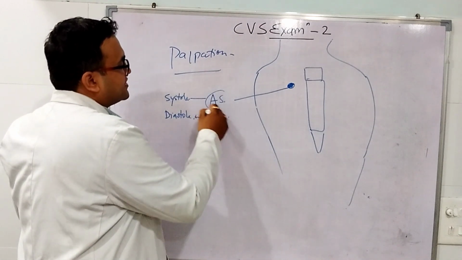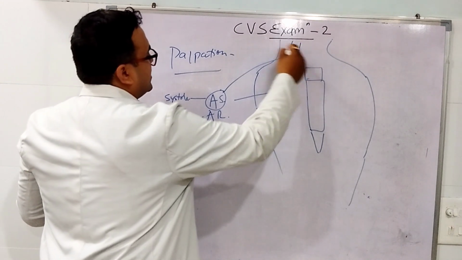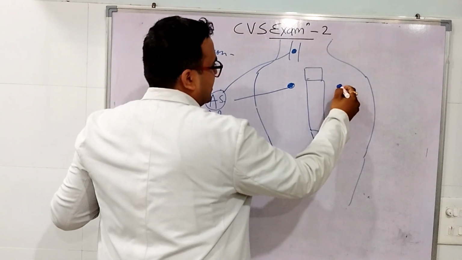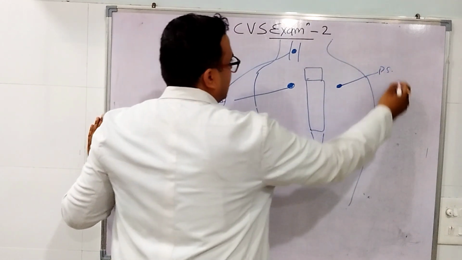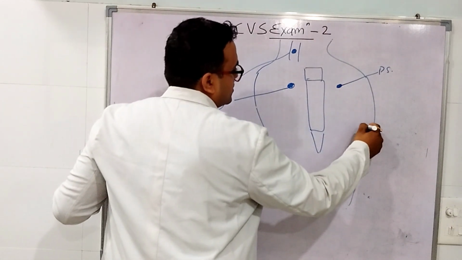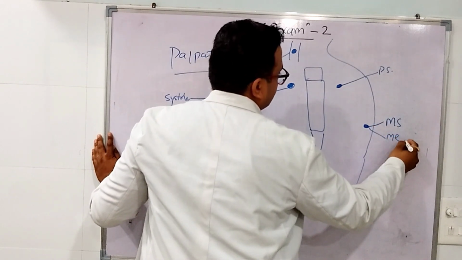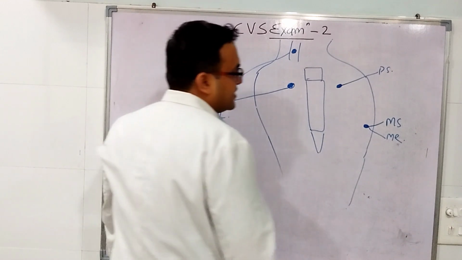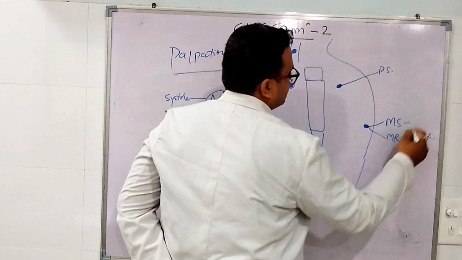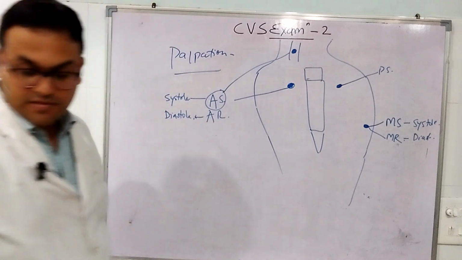Aortic stenosis thrills can also be felt in the carotids. A pulmonary stenosis thrill you can feel in the pulmonary area. Mitral stenosis and mitral regurgitation thrills you can feel in the apex. Mitral regurgitation will be in systole, and mitral stenosis will be in diastole.